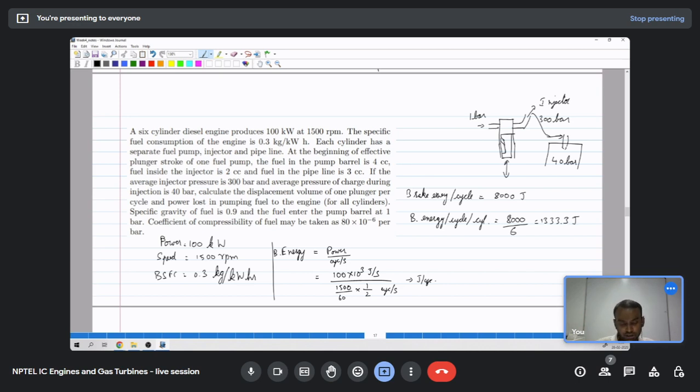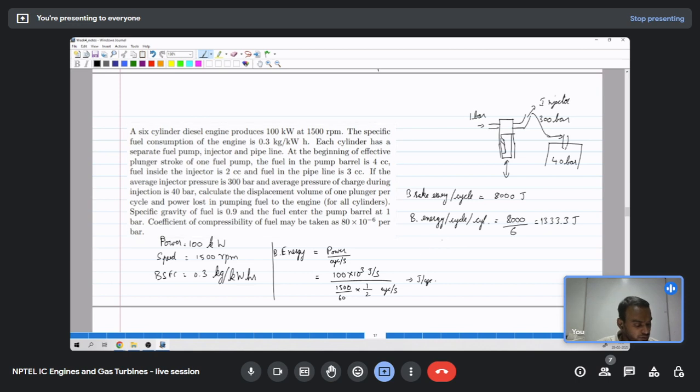And we are told that the fuel consumption is 0.3 kilogram for every kilowatt hour. So we have this brake energy in terms of joules. If we have the fuel consumption in terms of kg per joule, then we can directly get the kg of fuel that has to be supplied for every cycle, right?